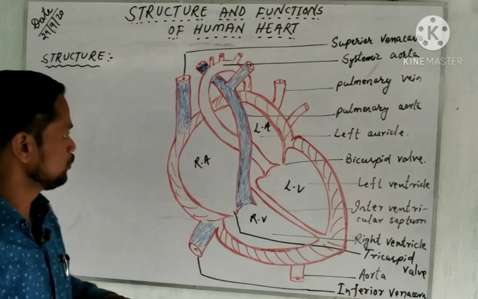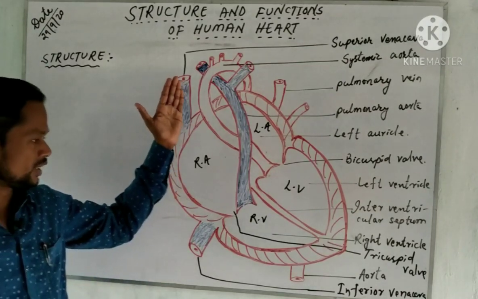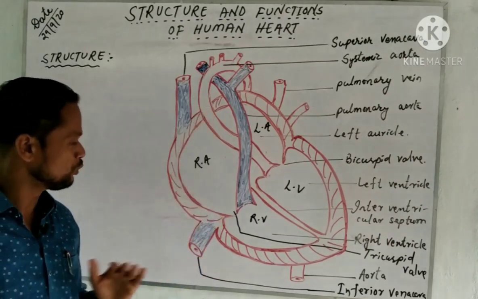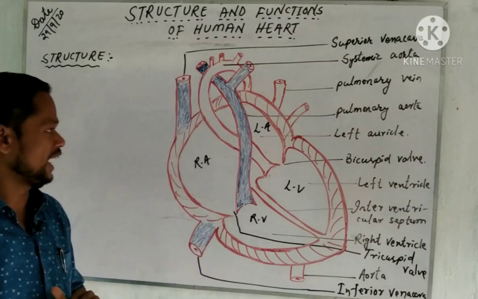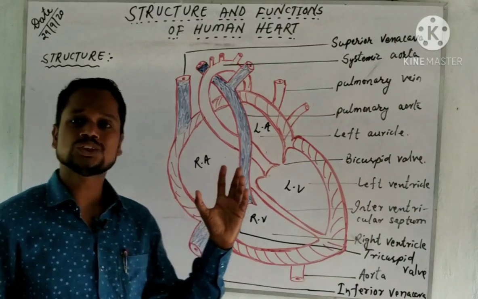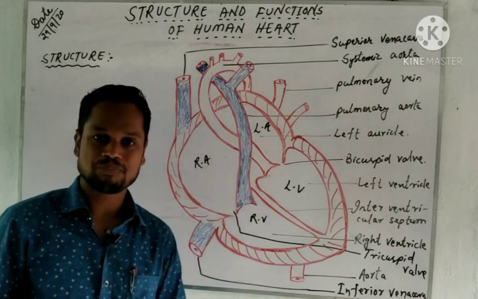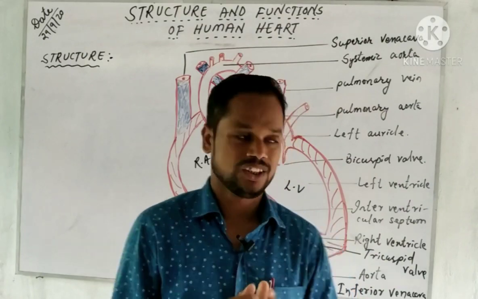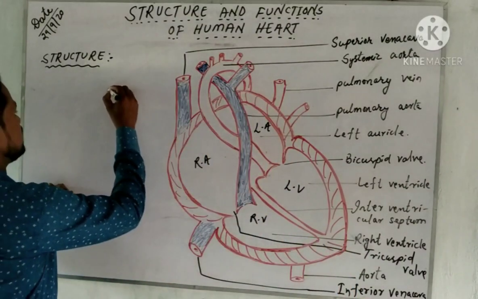See all of you, I have drawn the structure of the heart very neatly on the board, and it is conical or triangular in shape. It is looking like this.